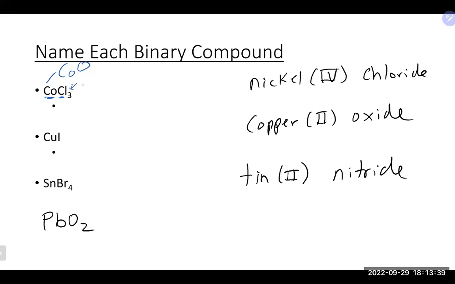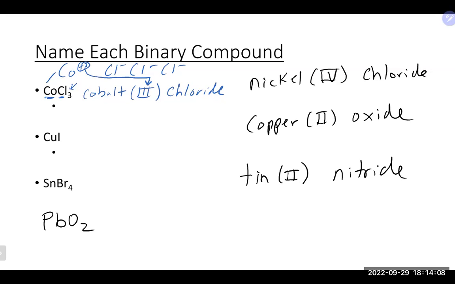Looking at our non-metal, we know it is group 7, which means it has a -1 charge, and there are 3 of them, which means this is going to be a +3 charge. That means we'll use the whole name here of cobalt, Roman numeral 3, again for the charge. And once again, it doesn't matter how many we have, it will be chloride at the end. Any questions on that one?